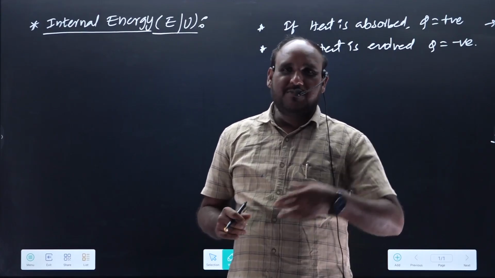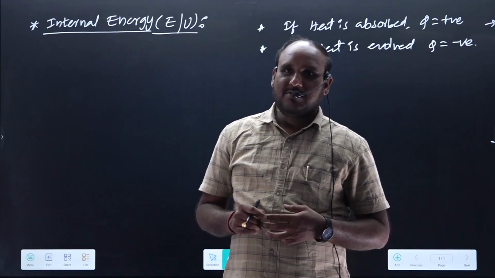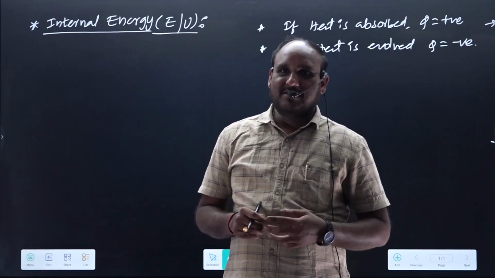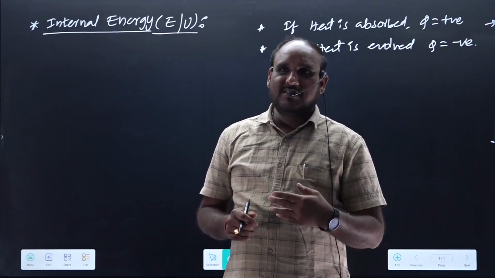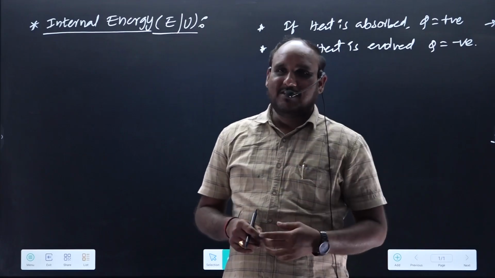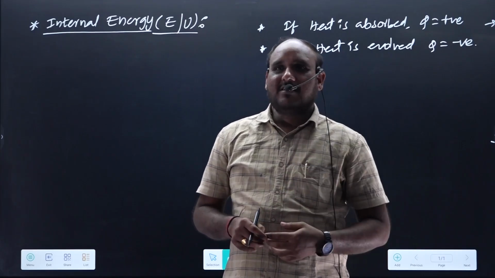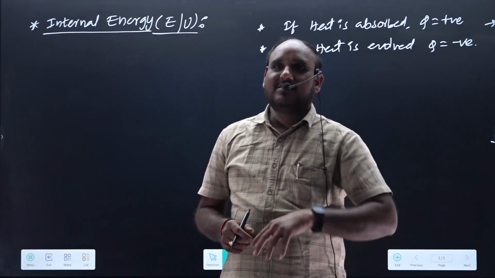Can you run 100 kilometers without stopping? No. You can run up to 5 kilometers. That is your internal energy. With the help of internal energy, someone can run 1 kilometer only, someone can run 5 kilometers, someone can run 10 kilometers. So whatever the energy is, it will be present in the system.